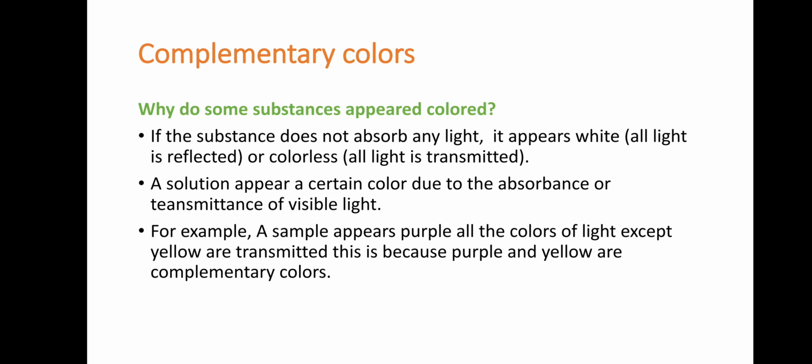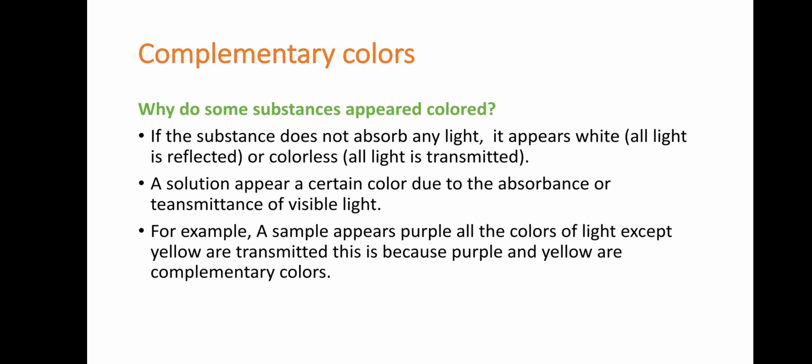Now here we are going to discuss one example. If the sample appears purple in color, it means it absorbs all the colors of light except yellow. So that yellow color is transmitted through the substance. Why? Because purple and yellow are complementary colors.